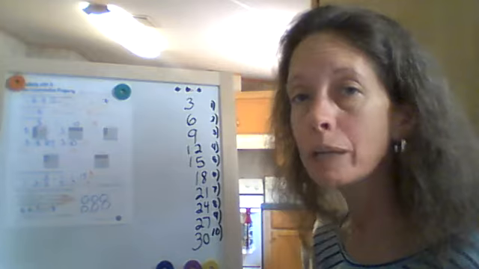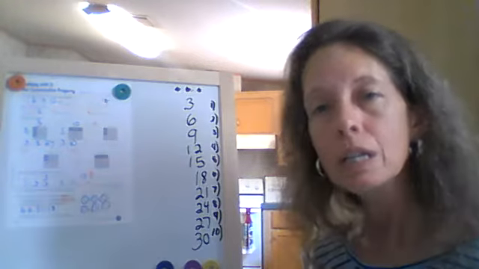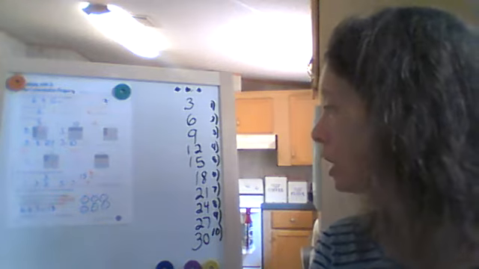So let's do cookies. Let's do 6 cookies. 1, 2, 3, 4, 5, 6. And every cookie has how many chocolate chips? 3. 1, 2, 3. 1, 2, 3. 1, 2, 3. Okay, 6 cookies, 3 chocolate chips in each cookie.